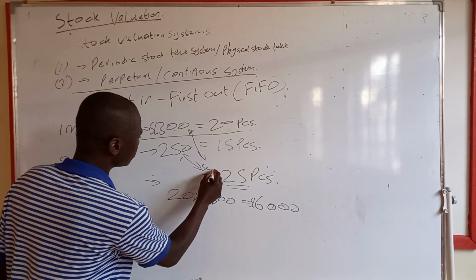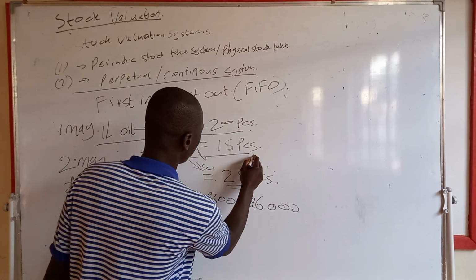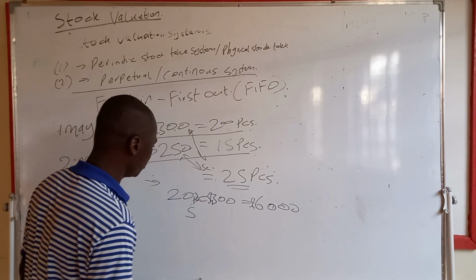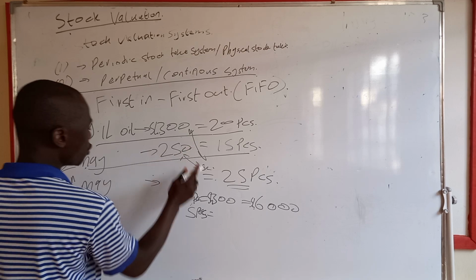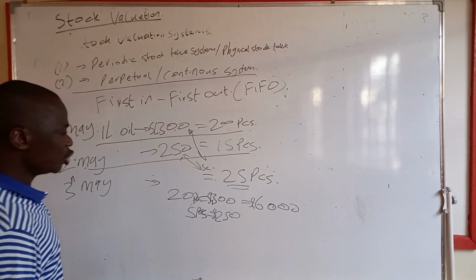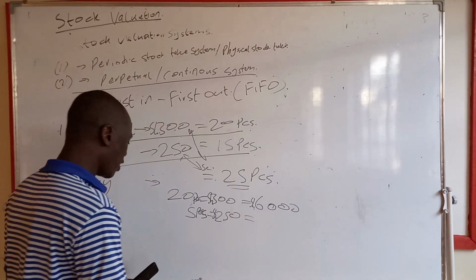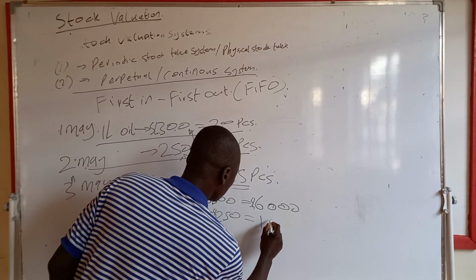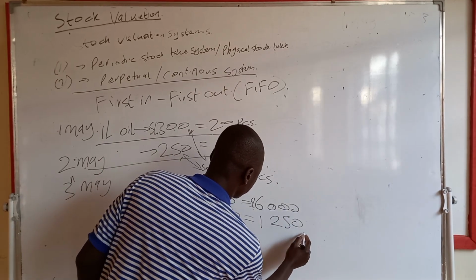Under this one, you take 5 pieces at a price of 250 each. 250 times 5 is 1,250.